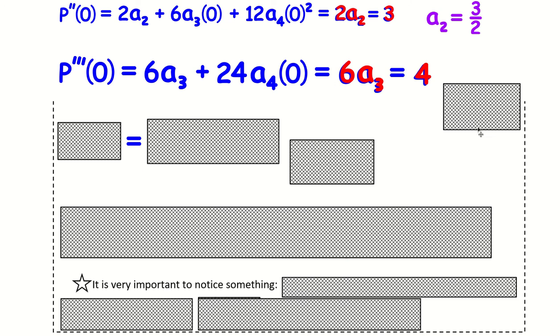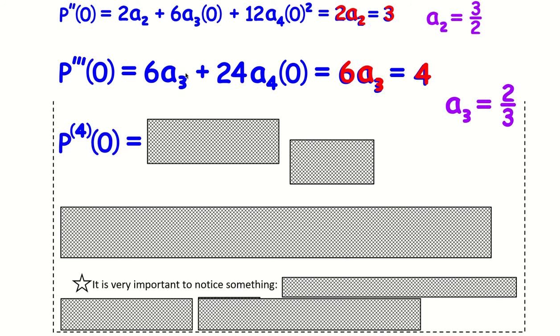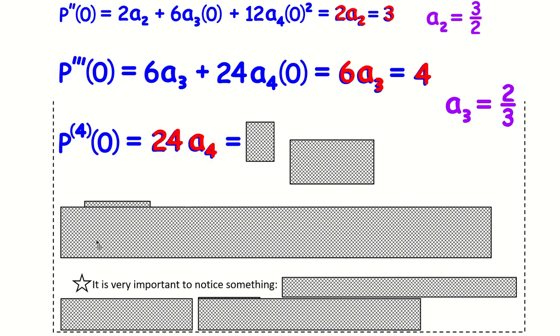And so solving for a sub 3, dividing both sides by 6, you get 4 over 6, or 2/3. And then we have to take the fourth derivative, and this will be gone, and this right here will end up, because this was just 24a sub 4 x, and the derivative of this is just 0, and the derivative of this will be 24a sub 4.